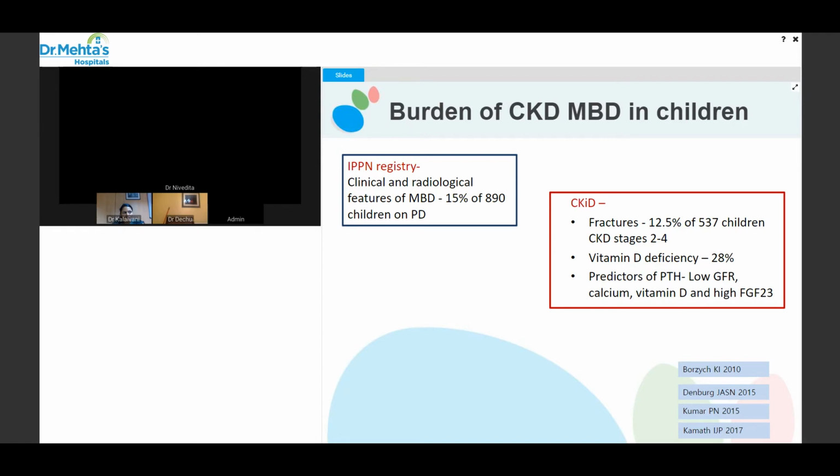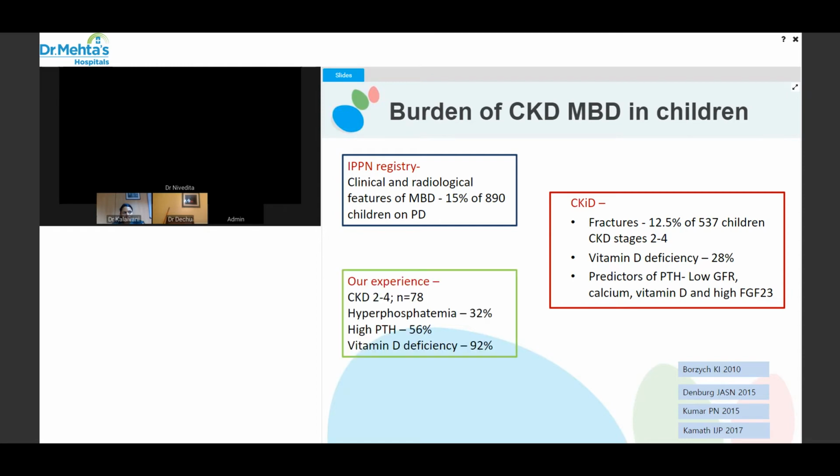Vitamin D deficiency is seen in about a third. Low GFR, low calcium, vitamin D deficiency, and high FGF23 are important predictors of PTH. And from our own data, we found that about a third of our patients were hyperphosphatemic, about half of them had hypoparathyroidism, and almost everybody had vitamin D deficiency.